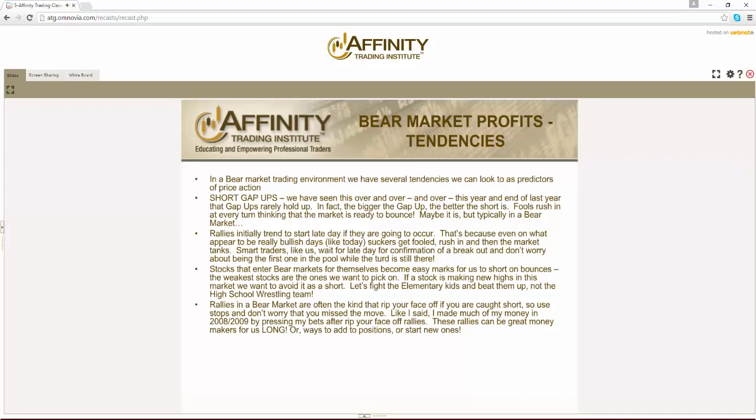Stocks that enter bear markets for themselves become easy marks for us to short on bounces. The weakest stocks are the ones we want to pick on. If a stock is making new highs in this market, we want to avoid it as a short. I don't want to pick on Facebook. Mike called Facebook today for an intraday trade. I get that, right? But Mike's not buying puts on Facebook.